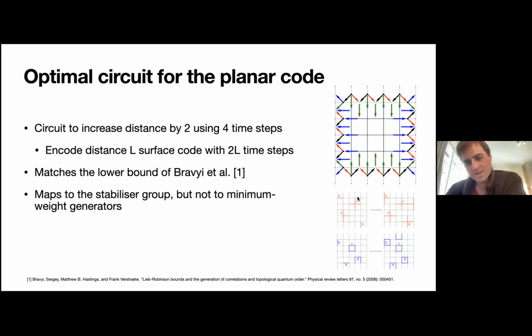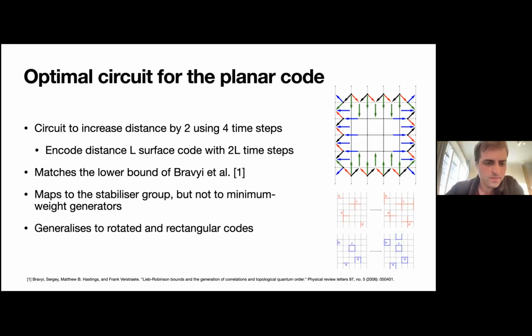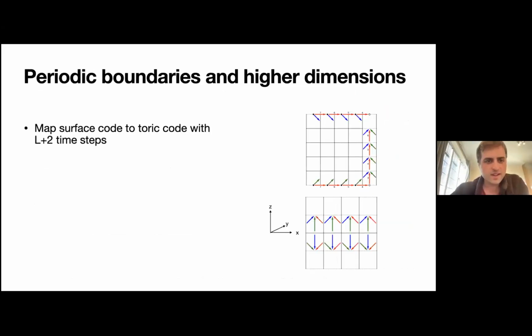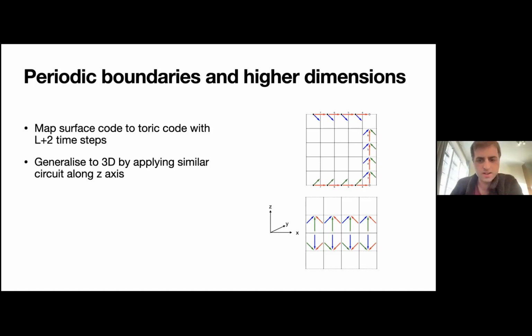It's worth noting that you don't always have to map the generators to minimum weight generators. We just have to map the group. So in this particular circuit, we're mapping these weight 4 generators to weight 7 generators, but the correct stabilizer group is still generated by these, and we generalize it to rotated angular codes. We can also generalize this to the toric code, so we can map between the surface and the toric code, therefore using the RG to generate surface codes, and also look at dimensions.